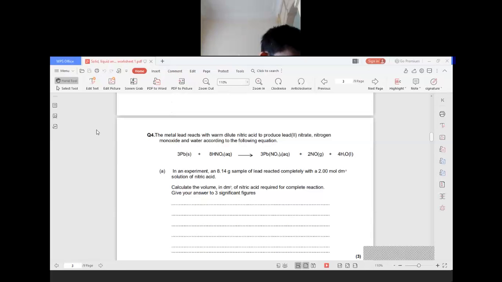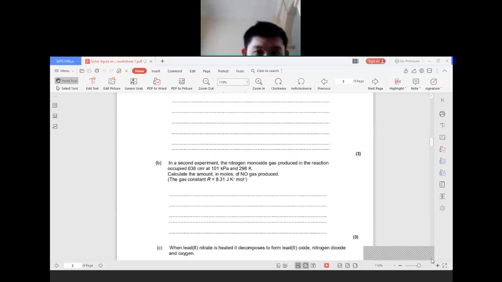And this one, let me see. Yes, Hayato is correct, 0.0524. And then next, B in the second experiment: the nitrogen monoxide gas produced in the reaction, calculate the amount of moles of NO gas produced. It is correct, 0.026 mole.